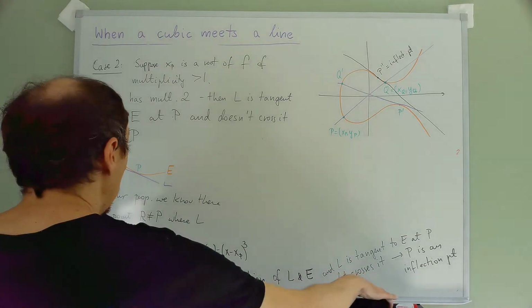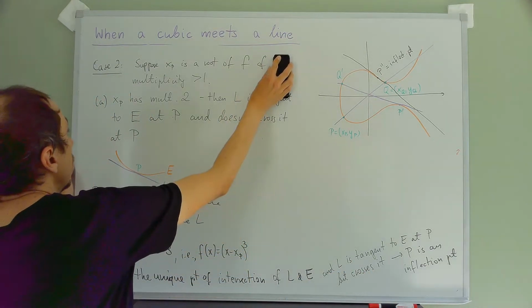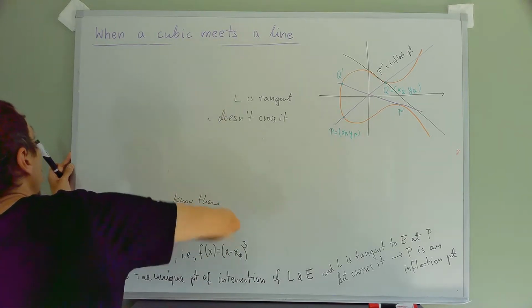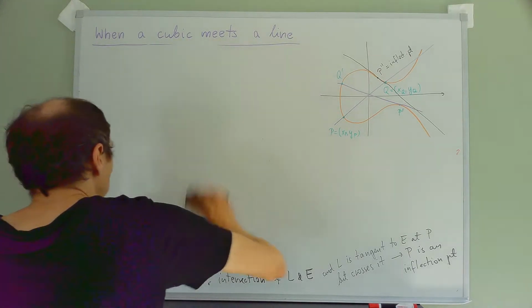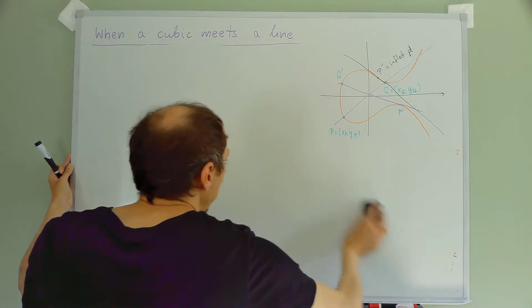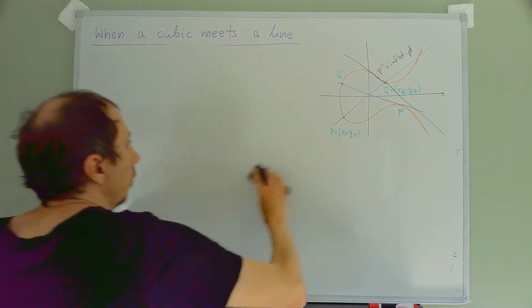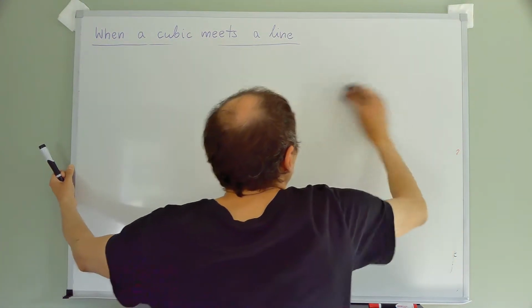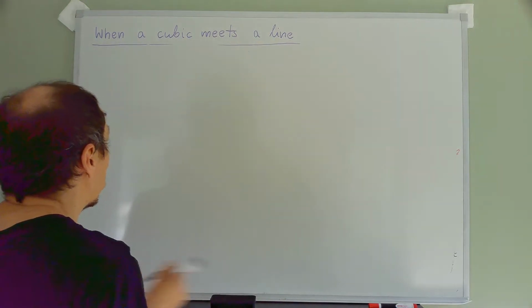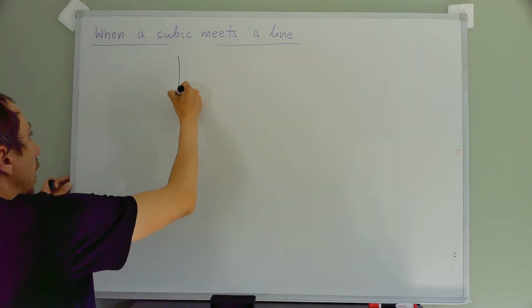So let's now summarize this, after all this discussion, to have a clear picture of what can happen when we take a curve like this, a cubic curve, in particular this elliptic curve here, and a line.